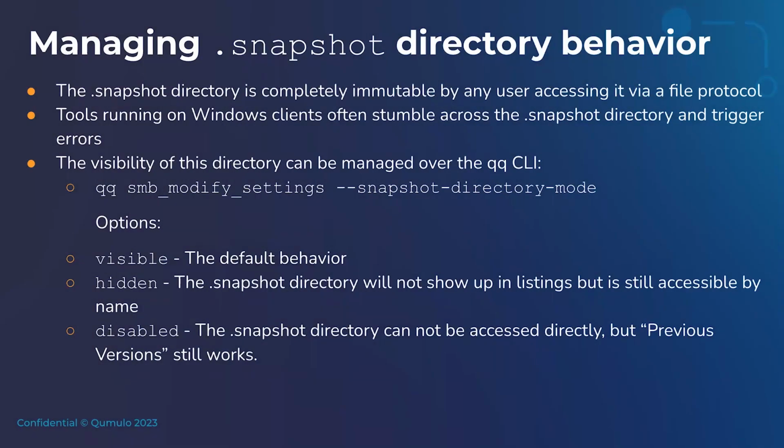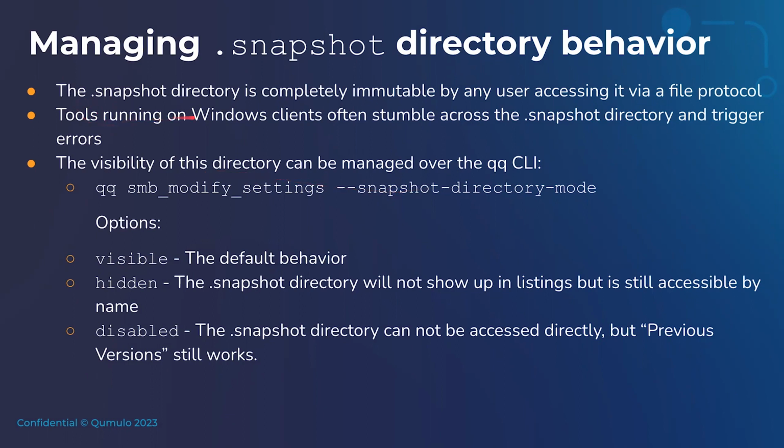So another option for SMB is that you can manage the visibility of the special .snapshot directory. That directory, as you know, is completely immutable by any user via any file protocol. So it doesn't matter what user you're using, you can't go into the .snapshot directory and delete or modify anything.